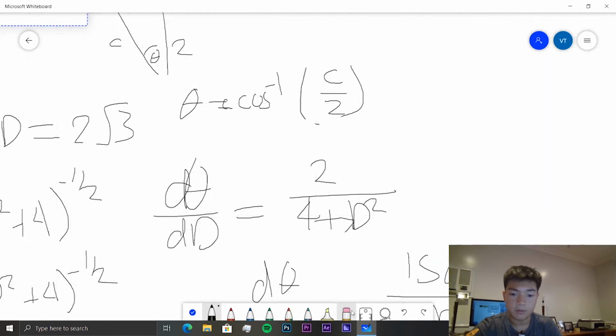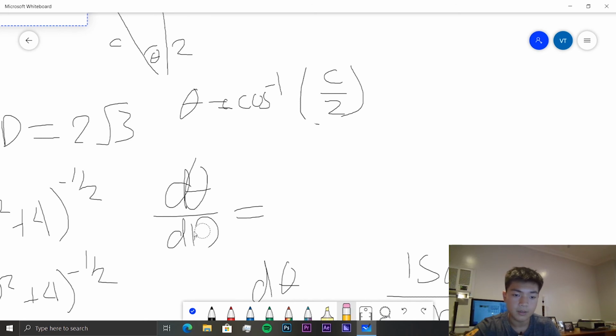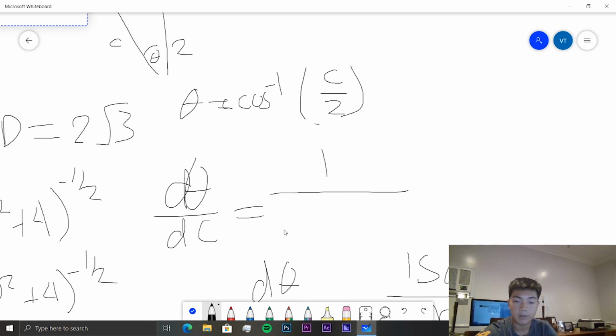So this is equal to 1 d theta over dc. Yeah, because that was probably my mistake, because we were substituting it into d. So we should get 1 over the square root of 4 minus c squared.